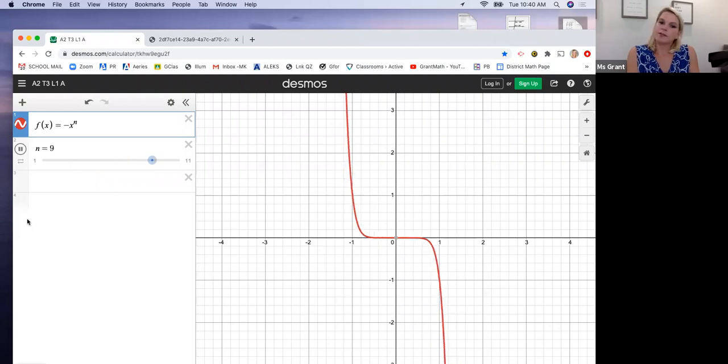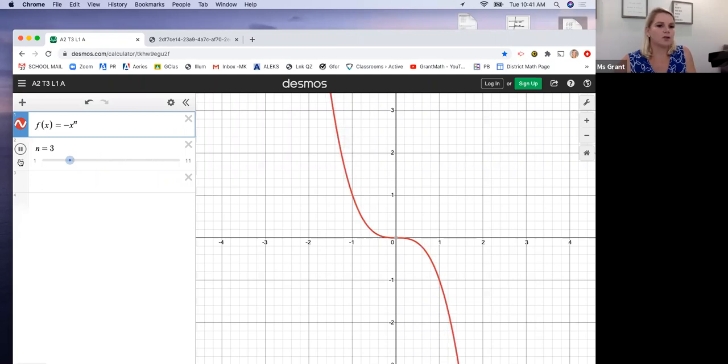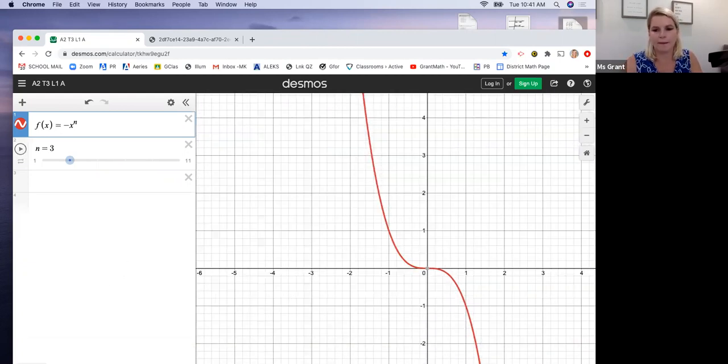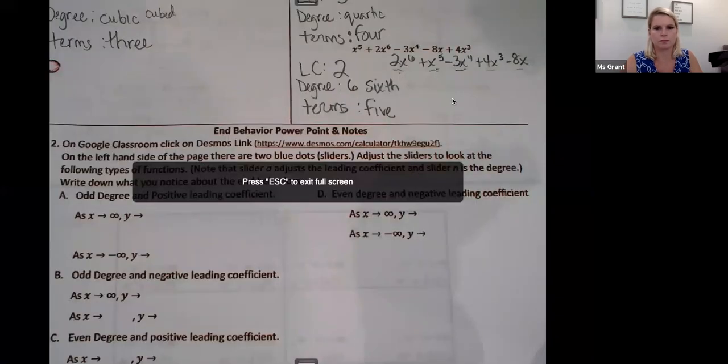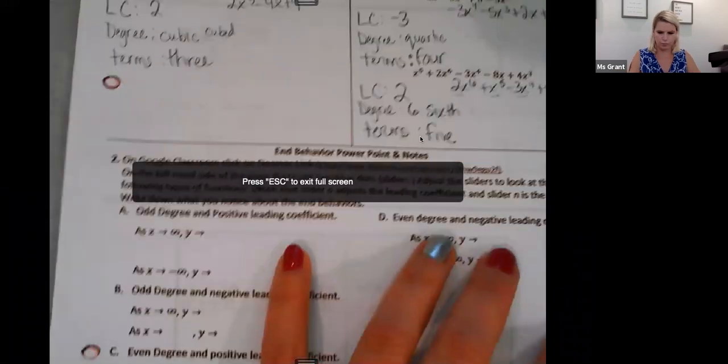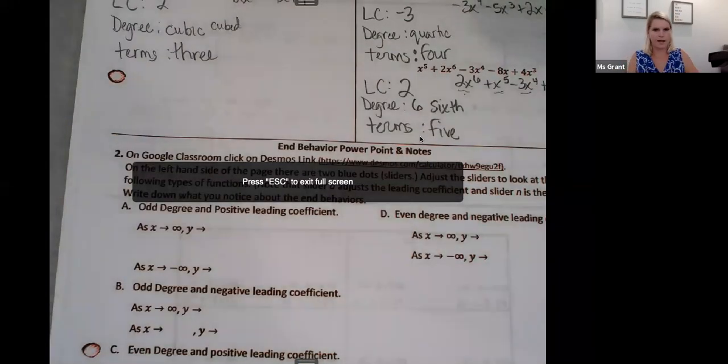So it's facing a different direction. And obviously you know what x squared looks like, a parabola, but we are going to talk about x to the 4th today. So this is just a fun representation of what it looks like. And Desmos is such a cool website. Us math teachers love it.